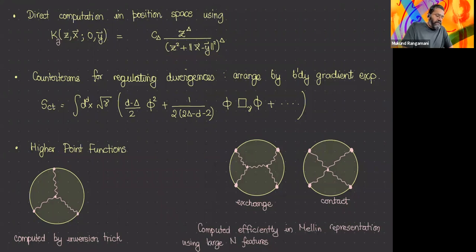And if you have this, you could just now take the limit z goes to 0, and you'll see that this really gives you x minus y to the power 2 delta, which is exactly the limit. If you don't propagate, you'll get the conformal correlator correctly.